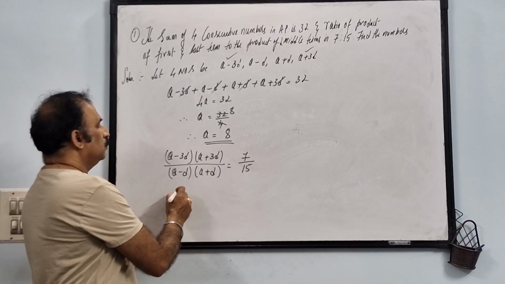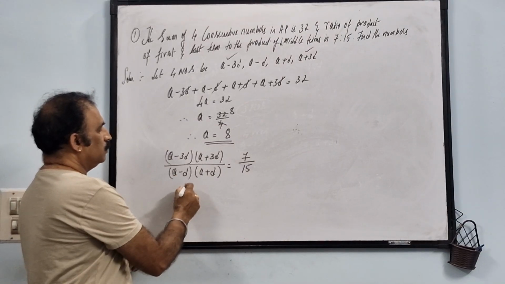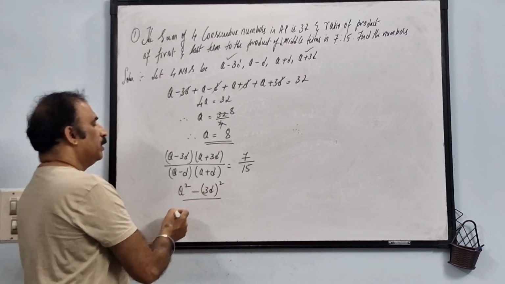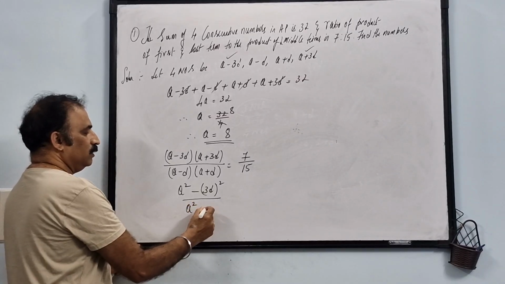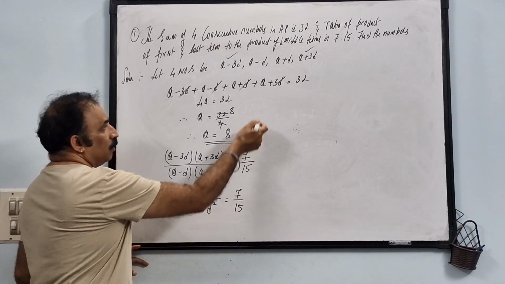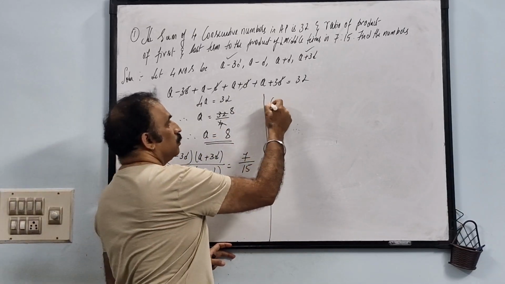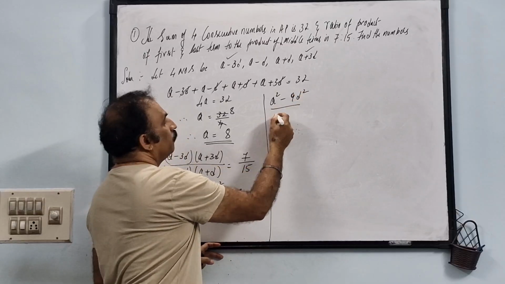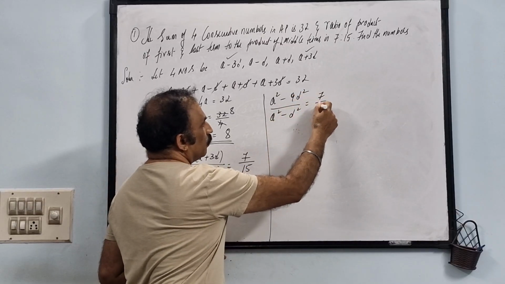So the product of these two is in the form of A plus B into A minus B, which is A square minus B square, that is A square minus 3D whole square, divided by again the product of the denominator, that is A square minus D square, which is equal to 7 by 15. Now further squaring that gives A square minus 9D square divided by A square minus D square is equal to 7 by 15.